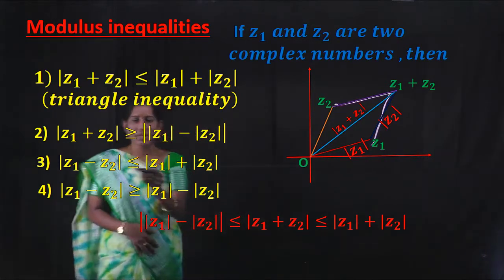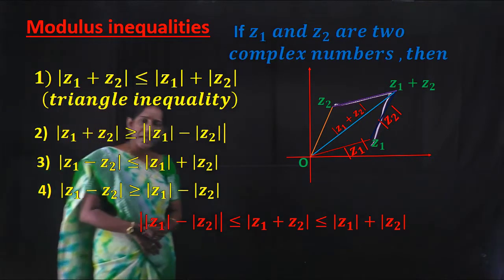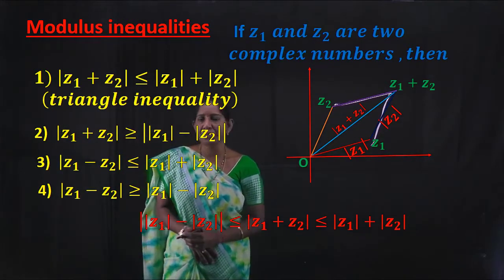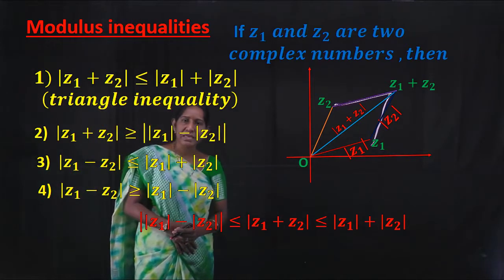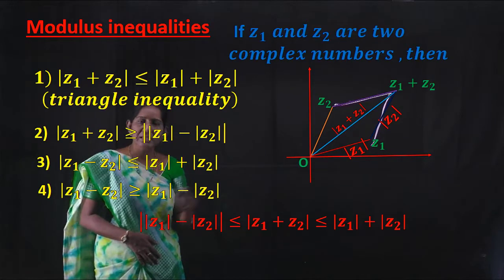And the next one is modulus of Z1 minus Z2 less than or equal to mod Z1 plus mod Z2. And the next one is modulus of Z1 minus Z2 greater than or equal to mod Z1 minus mod Z2.